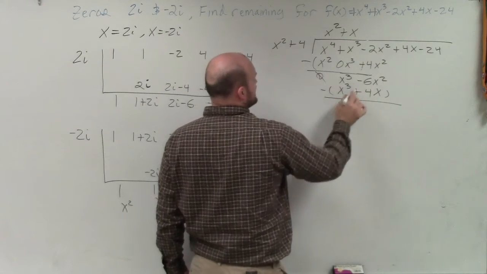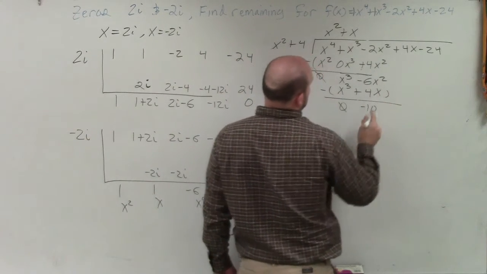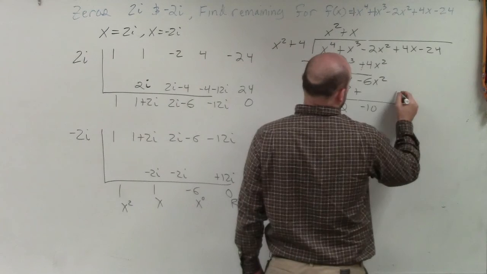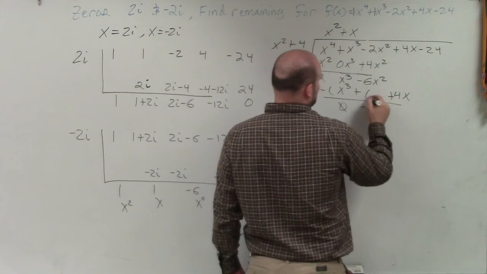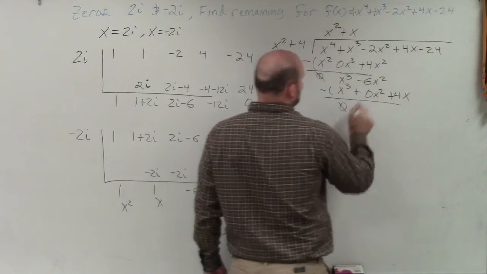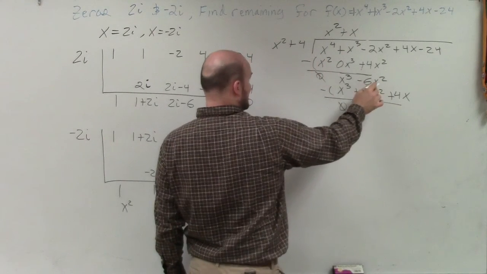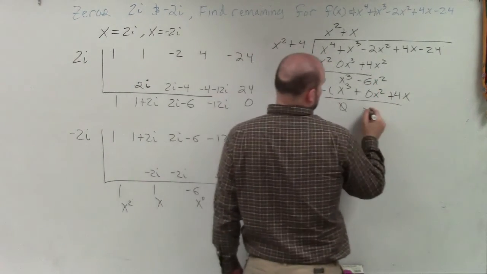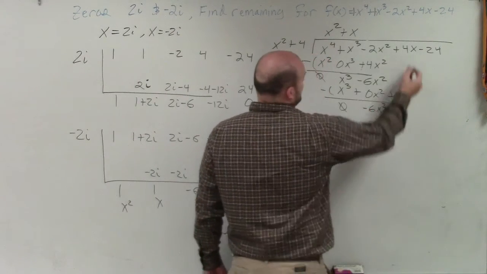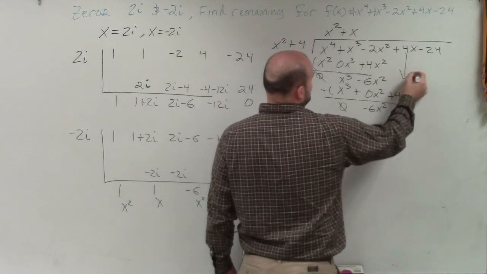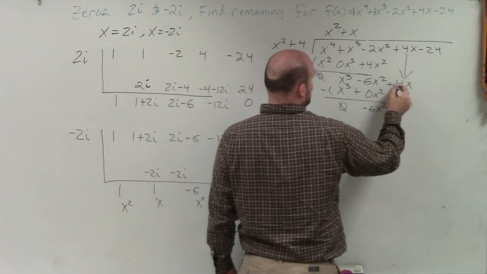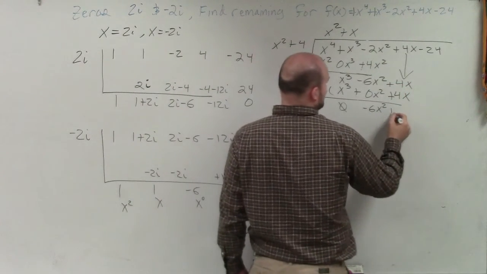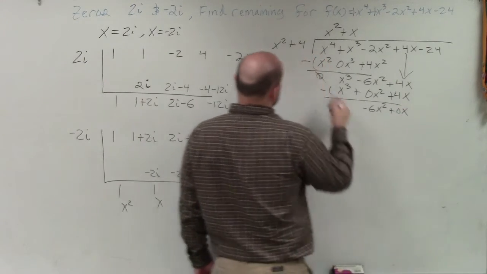Negative 6x squared minus 0x squared is just negative 6x squared. I can't subtract the 4x from anywhere, so I bring down the 4x. 4x minus 4x is 0.